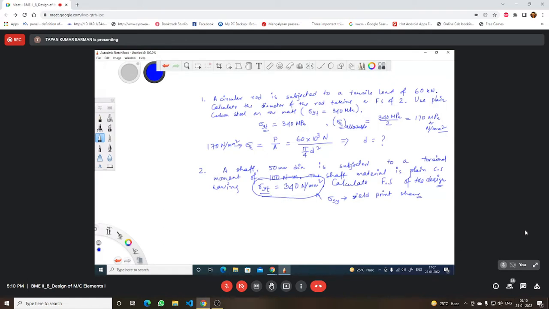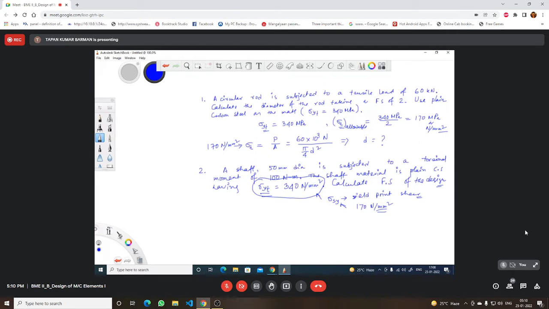Is it clear? So what should be the value of this? Right now I can give you the value, but later, when we discuss the failure theories, you will be able to calculate the yield point shear stress. Sigma SY, basically the yield point shear stress, will be half of this. Later we will discuss this in detail when we discuss the failure theories.